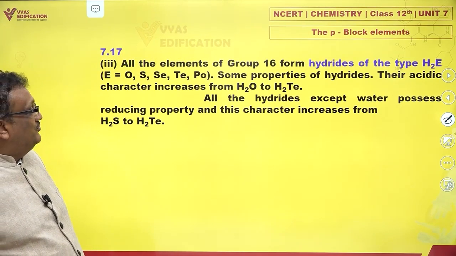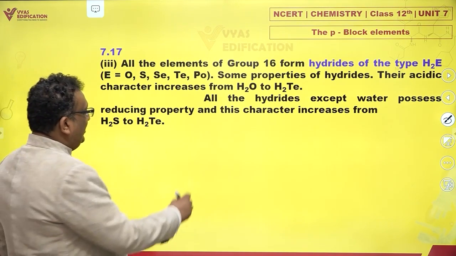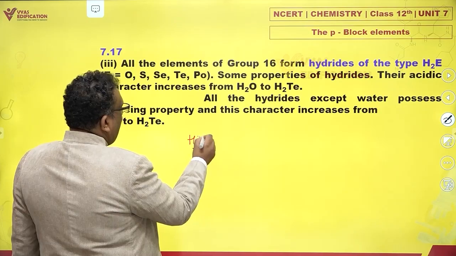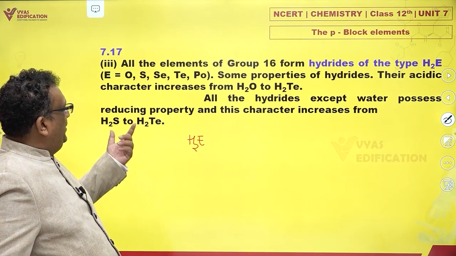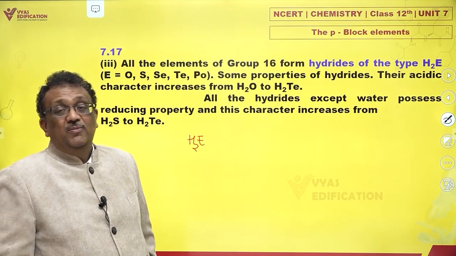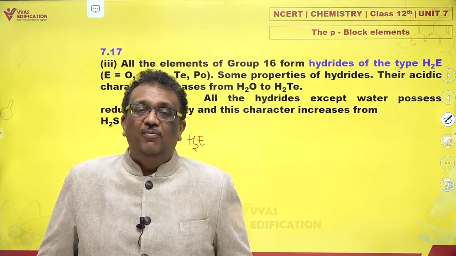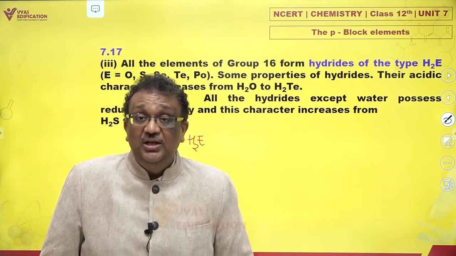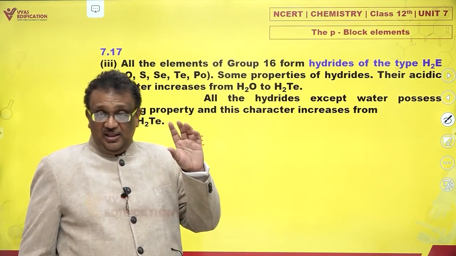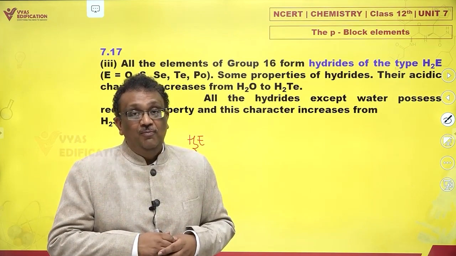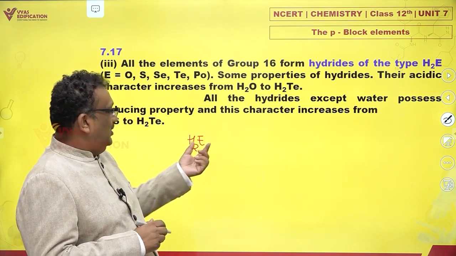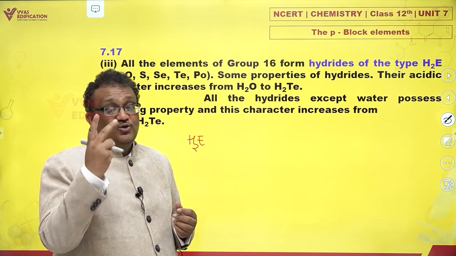Hydride formation also is very interesting. They always have H2E, like H2O, H2S, H2Se, H2Te. H2Po is very unstable. Polonium is a metal. Polonium does not form hydrides. So we have oxygen, sulfur, the nonmetals, selenium, tellurium, the metalloids. All of them can form this H2E. That means a hydride which contains 2 hydrogen.